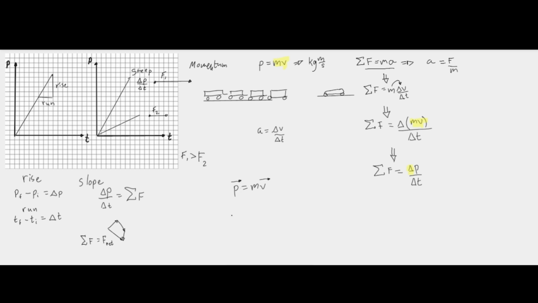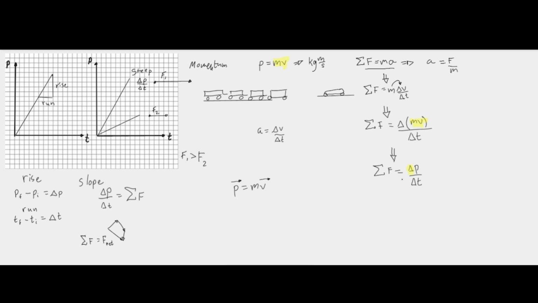So these are some things to keep in mind. Momentum's interesting, and it's especially useful when we're dealing with collisions of objects. Sometimes we'll be looking at how the momentum of an object changes before and after a collision, and we can solve some pretty complicated problems just using these simple principles that we've learned about momentum.